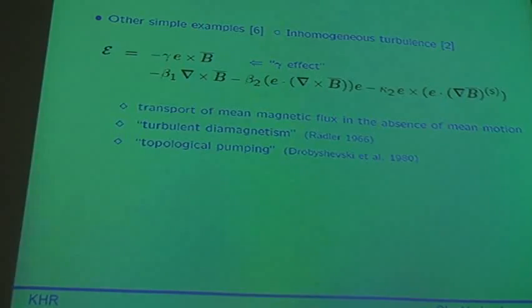Then the flux is pushed out from this region. This region behaves like a diamagnetic material. And that was the idea, turbulent diamagnetism, elaborated in 1966.